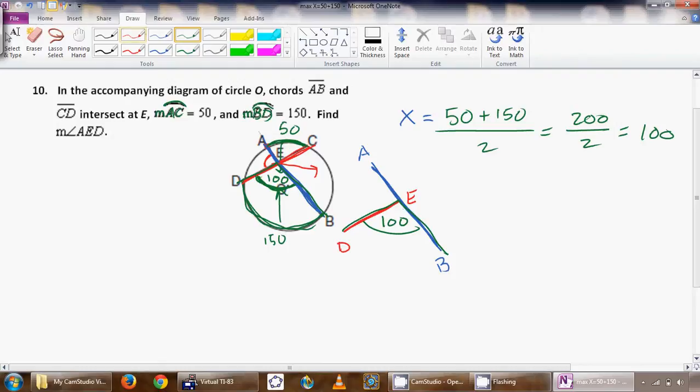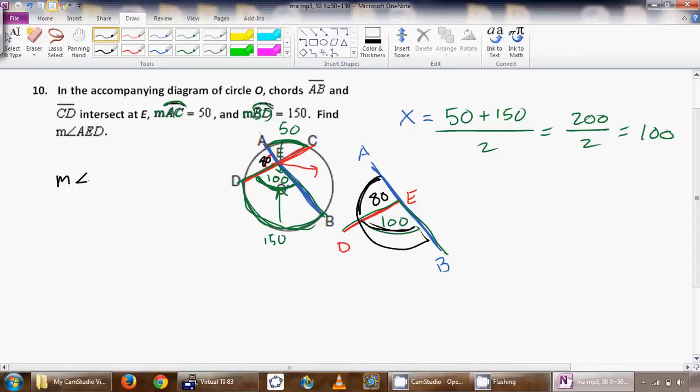Well, here I have a linear pair. I have a line that's split up into one angle and a second angle. Angles that form a linear pair are supplementary. So if this is 100 degrees, that leaves 80 degrees left over. So this angle here is 80 degrees, what we were looking for.